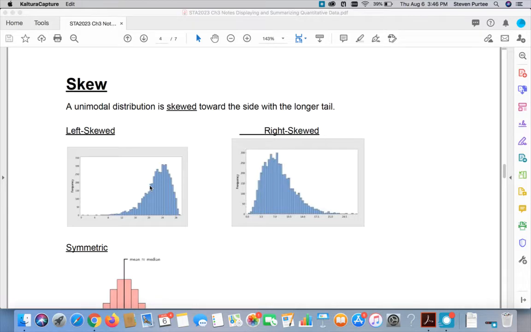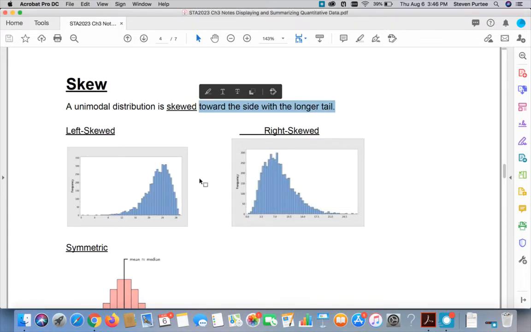Next, we want to look at how symmetric our graph is. Could we cut it right down the middle and have two equal halves, or does it lean more to one side or the other? Graphs that lean, histograms that lean, we call skewed. And skewed goes the opposite way you think it does. The skewed side is the side with the longer tail.